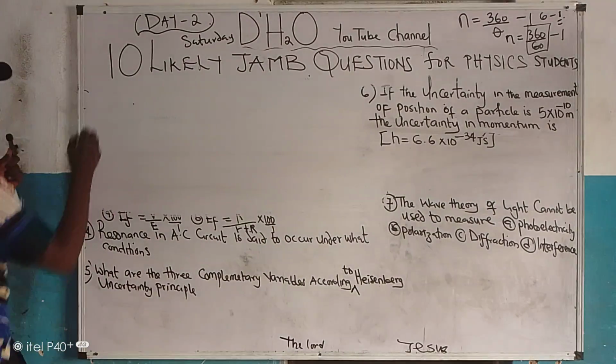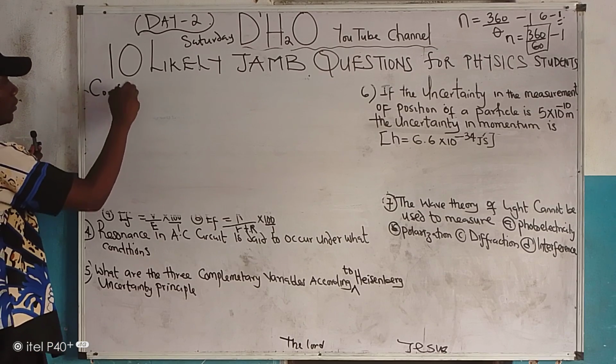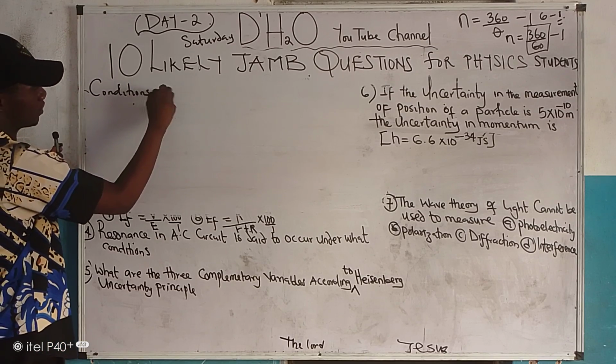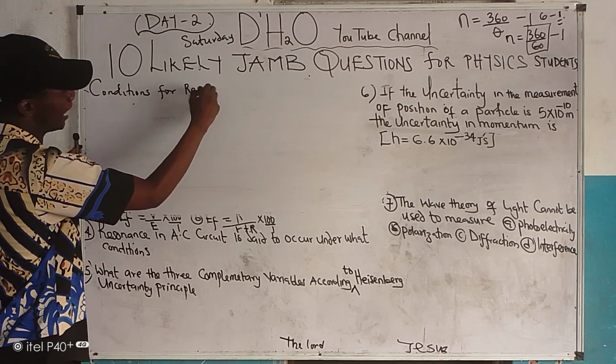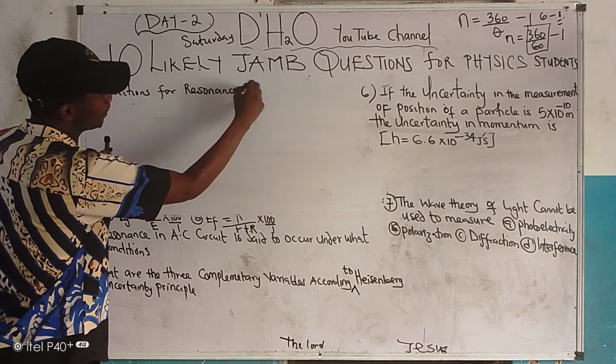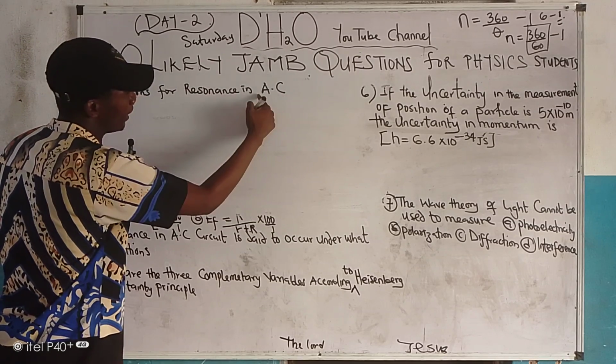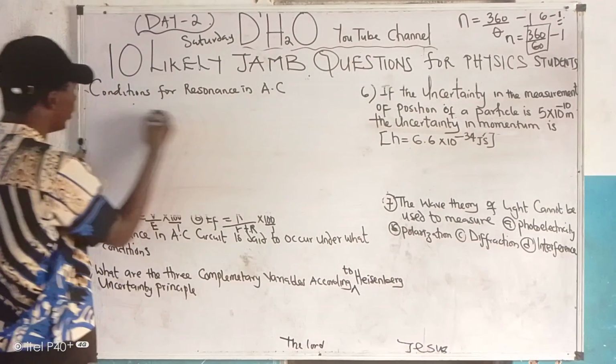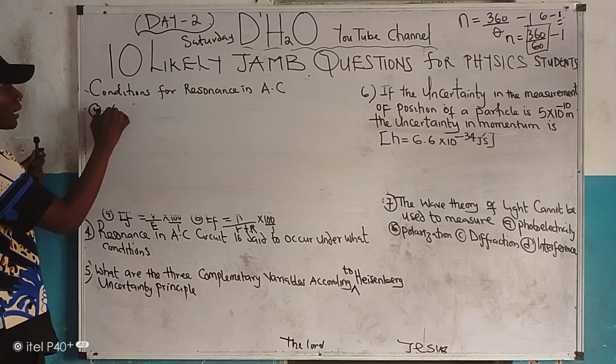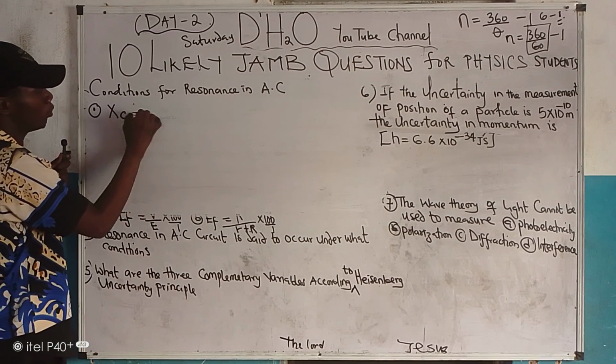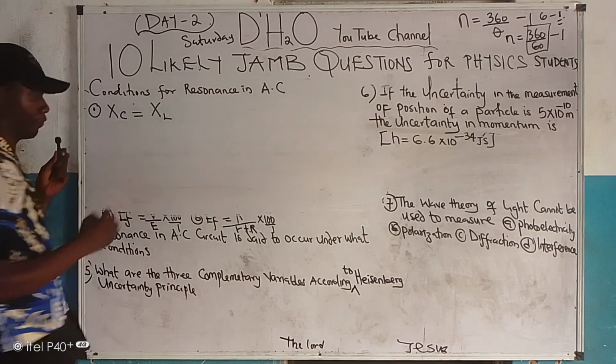Now, conditions for resonance. For resonance in an AC circuit. Remember, AC means alternating current. Condition number 1. Capacitive reactance will be equal to inductive reactance.